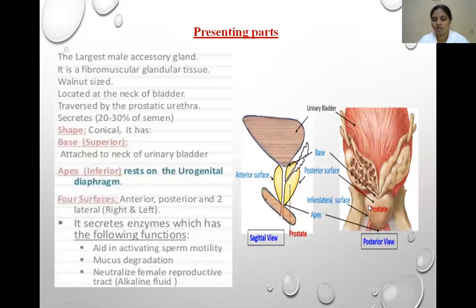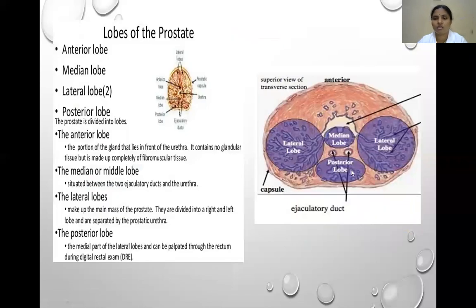Okay. Here is the median lobe above the transverse ridge. That transverse ridge receives the 3 openings, where we can see the piercing of the ampullary duct.